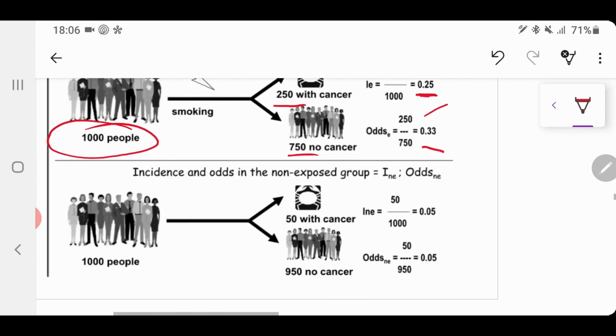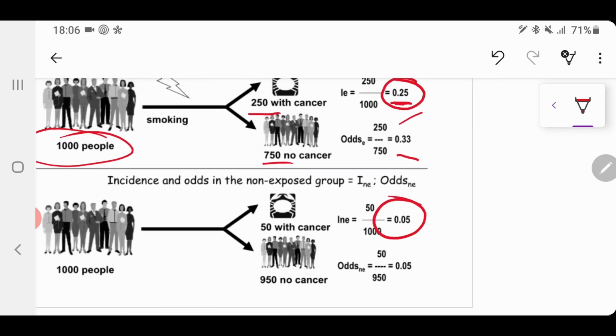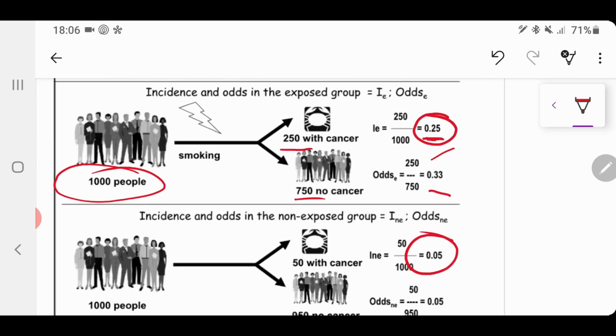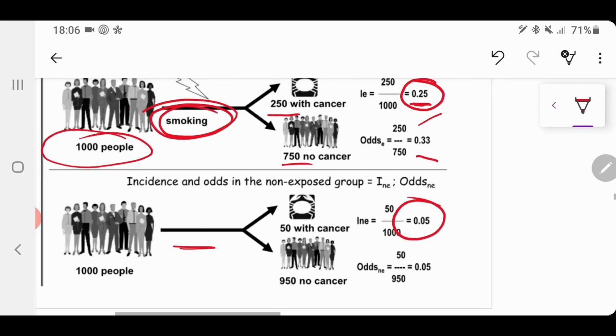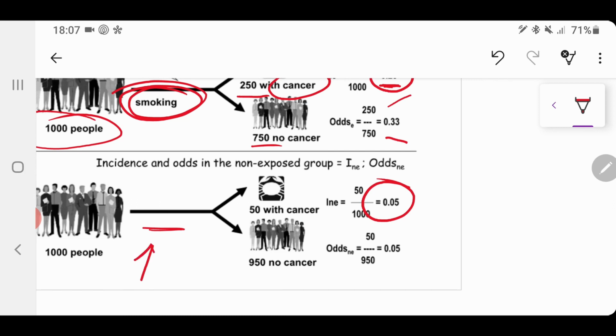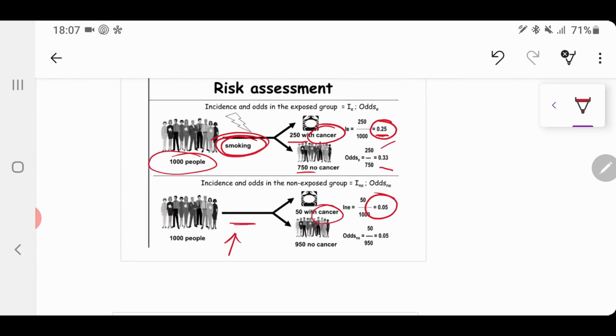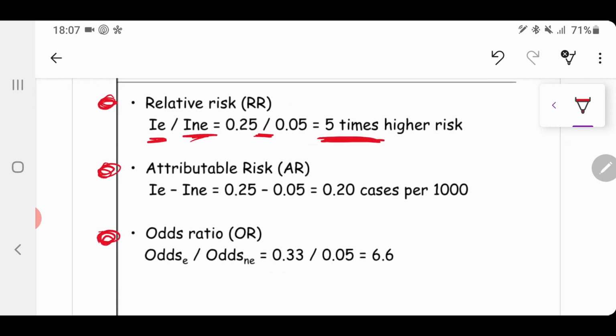So here they've done this risk assessment. Here they got the incident exposure, and here they got the incidence non-exposure. So the incidence exposure was here due to smoking, and incidence non-exposure, there was no risk factor here. The exposure was the cancer. The non-exposure, because there was no risk factor, still gained the cancer. It gives us a factor of how many times you have of a risk getting this disease.